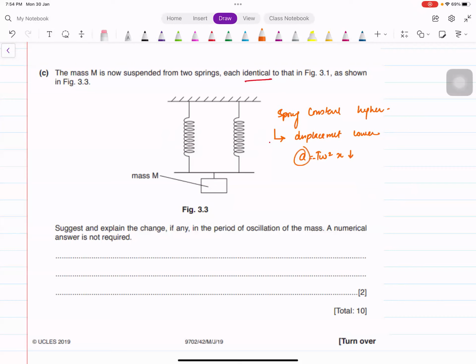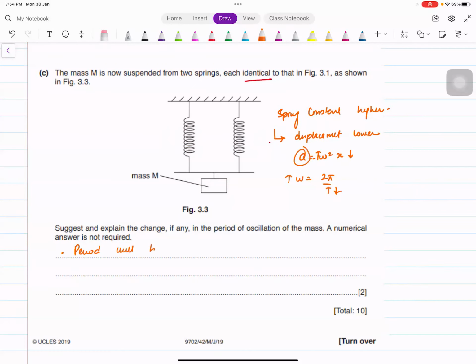Force is the same, that causes the same acceleration. Do you understand? Omega itself is 2 pi by T. If omega is higher, then the time period will be shorter. You agree? Yes, sir. So this is what we're going to write.